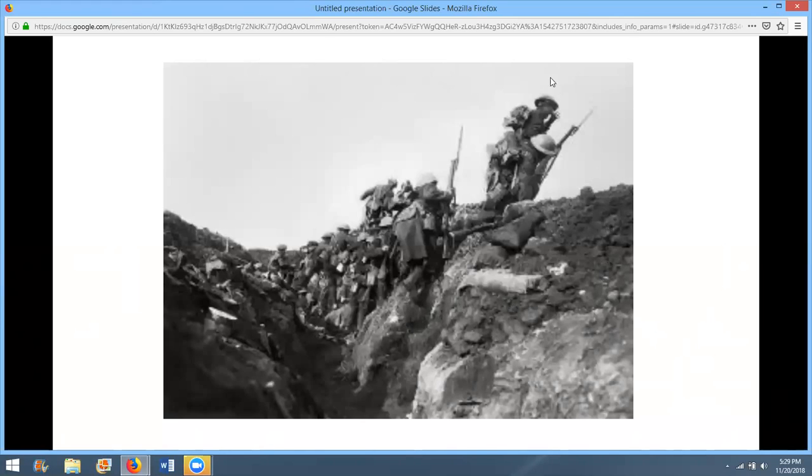And this is a picture of what seems to be an offensive. What usually would happen is you would have a trench for your team, and then you'd have maybe 100 yards, maybe 50 yards, maybe 500 yards of no man's land, and then you have the trenches of the enemy, the group that you're fighting.